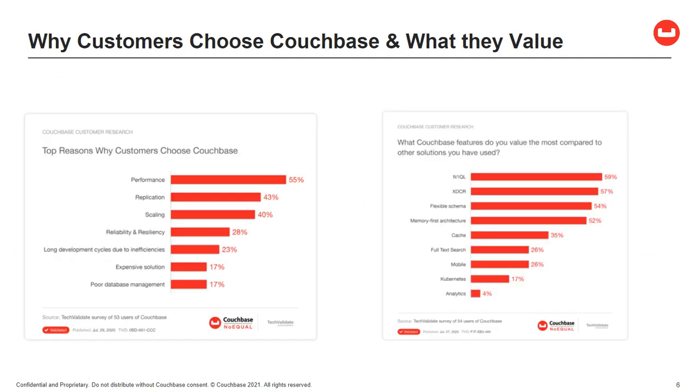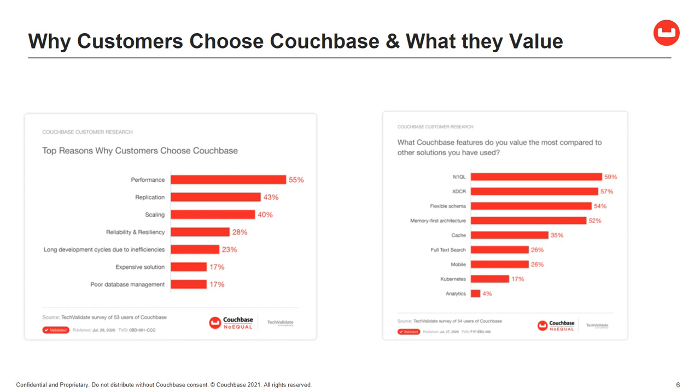Why do they use Couchbase? What do they value from Couchbase? So we actually came up with a way to poll our customers through this third-party service here to ask them why they chose Couchbase and what features make Couchbase most valuable to them. So the top features are performance. Couchbase provides a memory-first architecture, so you're often reading and writing directly from RAM.